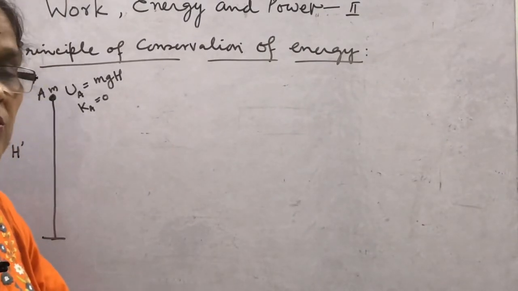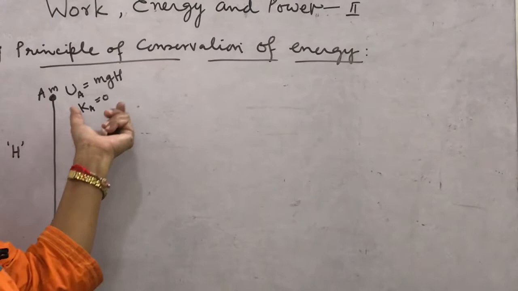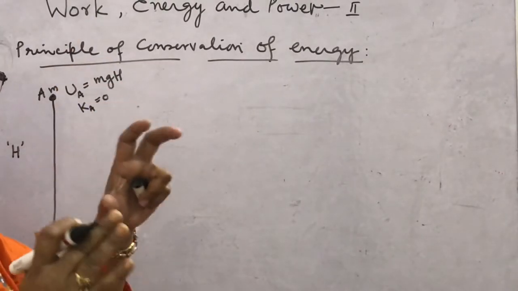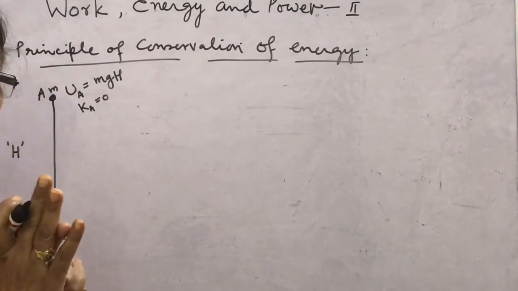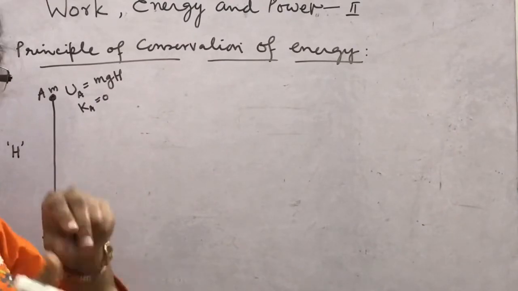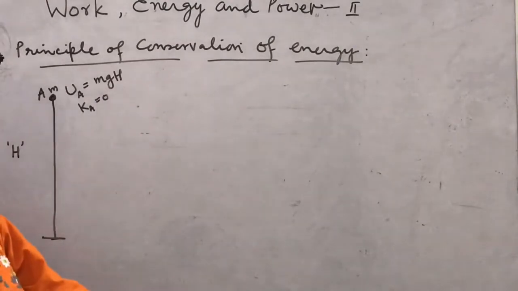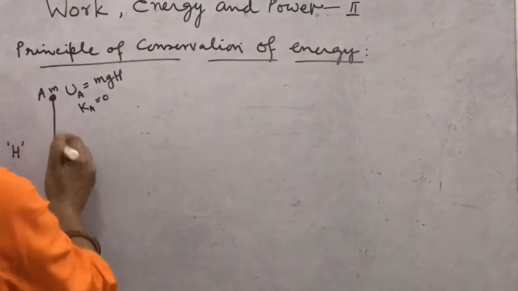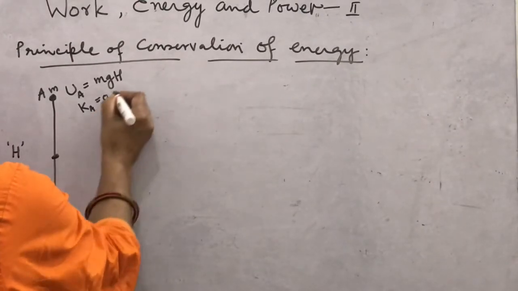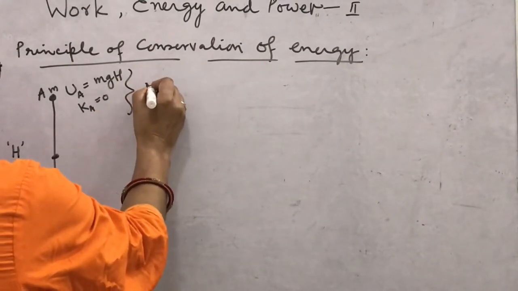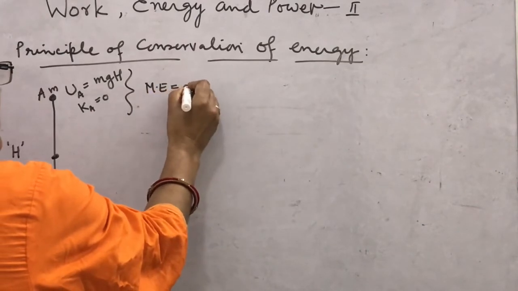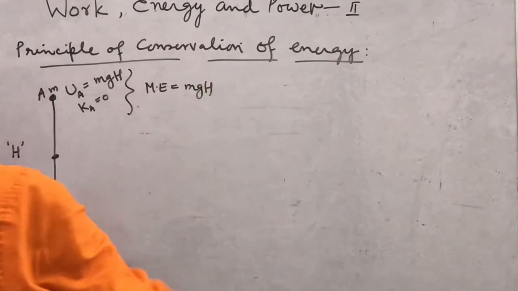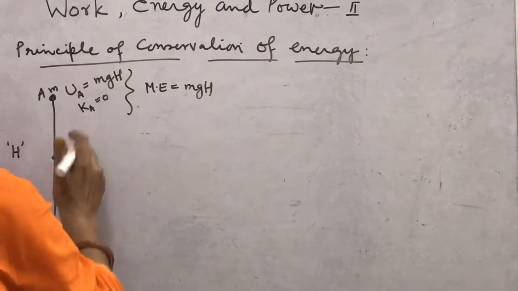The mechanical energy, the sum of potential and kinetic energy, will remain constant. At point A, the mechanical energy is mgh.